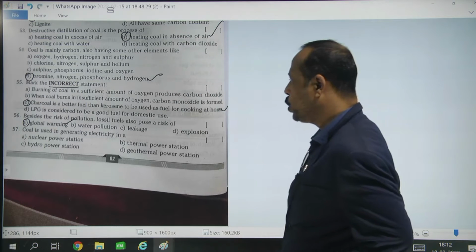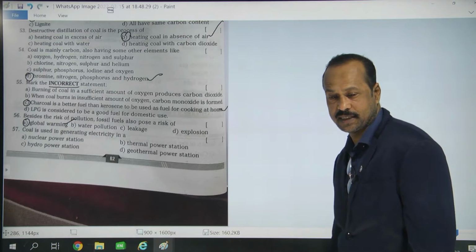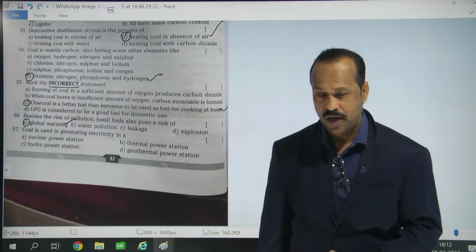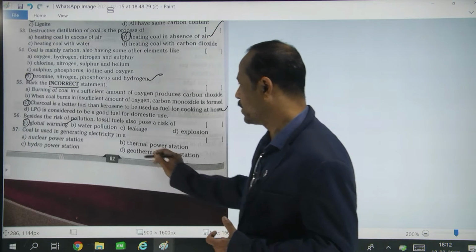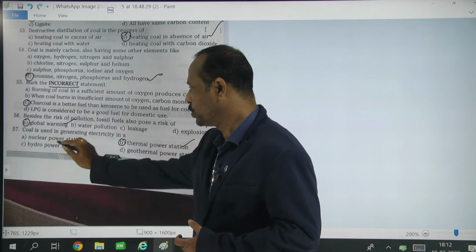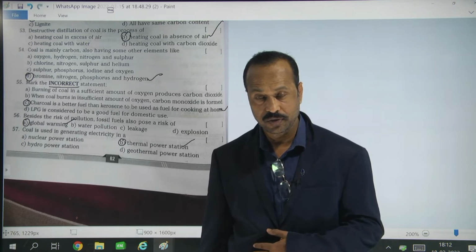Next, coal is used in generating electricity. Already we know that coal is used in generating electricity, which is thermal power. Now, in nuclear power, what do they use?